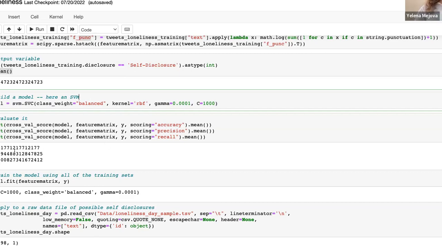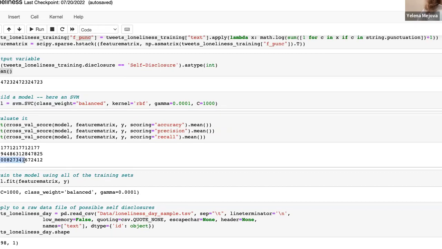So in fact, what it means is that we had a pretty good recall. So out of all the loneliness tweets, we could actually get a lot of them, but our precision was not very good. Those that we do get are often not really loneliness, but we couldn't improve it anymore, so we went on.